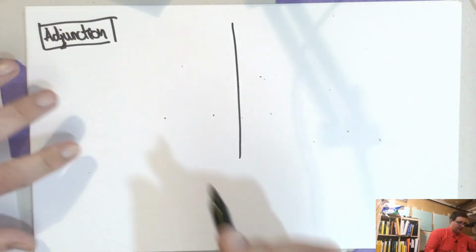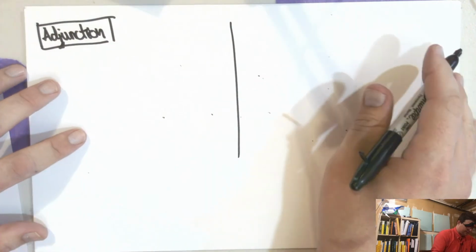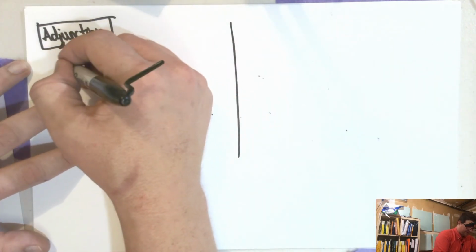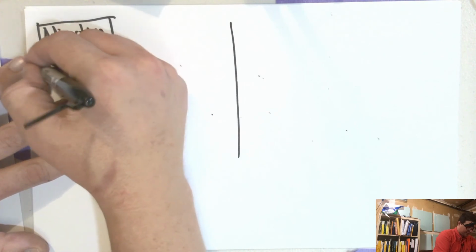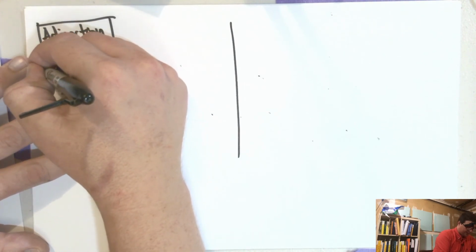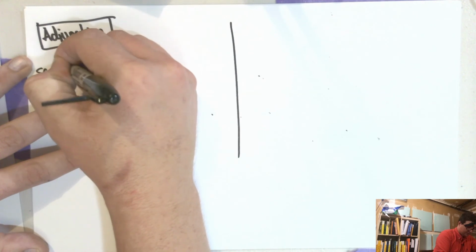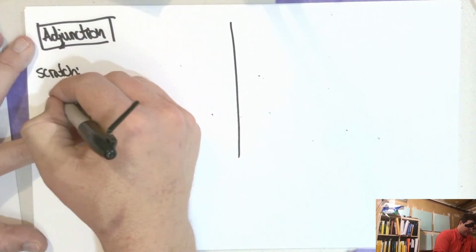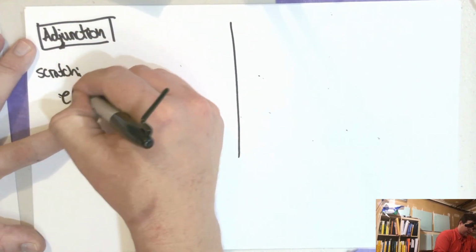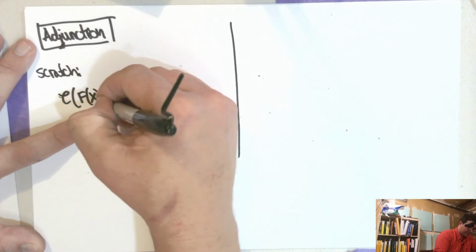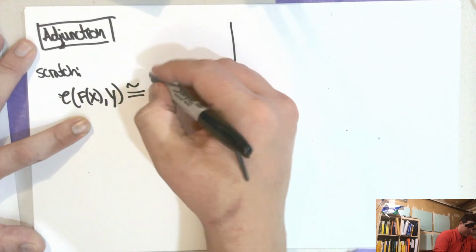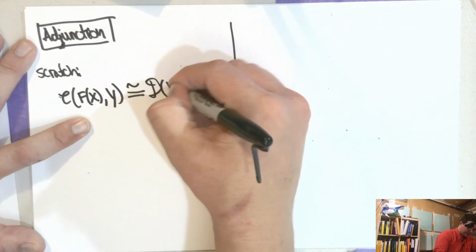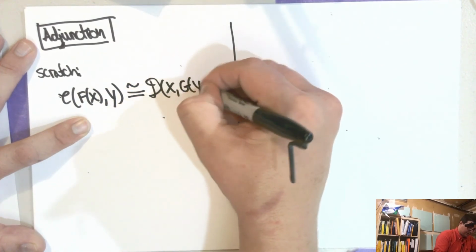Let's look at these two things that we want to compare. Some scratch work here. This is how we've been talking about adjunctions: we have this comparison between these two things, d of x, g, y.